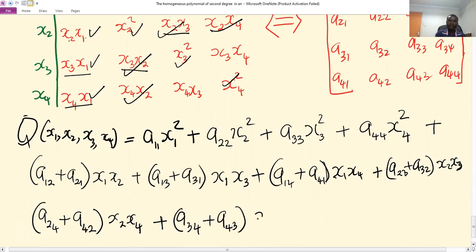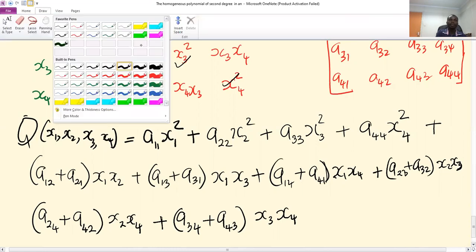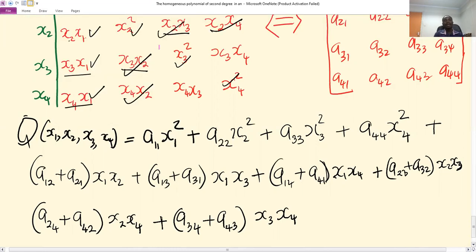You multiply by x3 x4. So this is how we write the standard quadratic form involving 4 variables, x1, x2, x3, and x4. In the next session, we discuss further on how to transform a quadratic form into matrix form. Thank you.